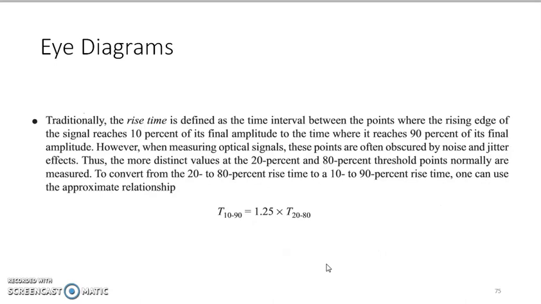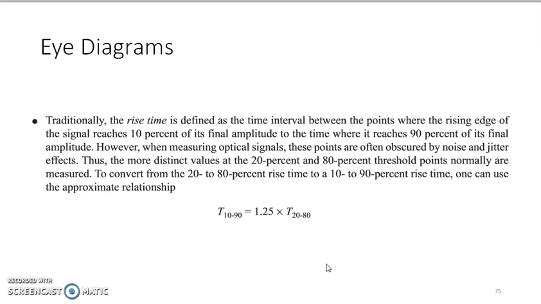So generally, for a given eye diagram, we can find out the rise time or fall time. Rise time, from the figure, is defined as the time interval between the points where the rising edge of the signal reaches 20% and 80%.